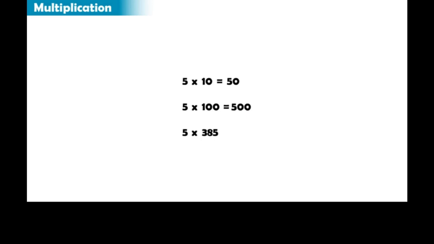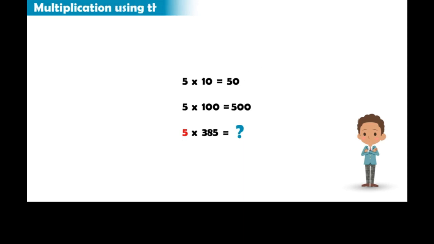But when we multiply a one-digit whole number with a number of two or more digits using repeated addition, we do it by placing them in columns. Like when we multiply 5 with 385, we will have to use expanded form.